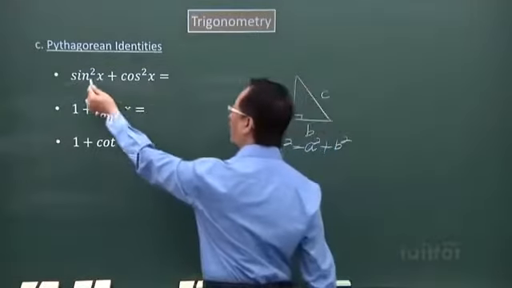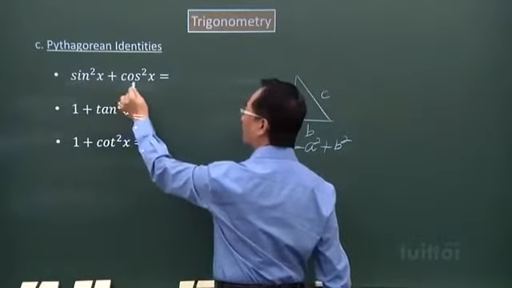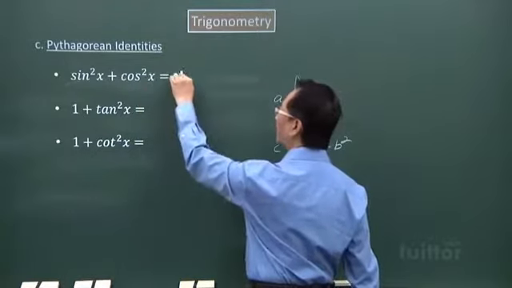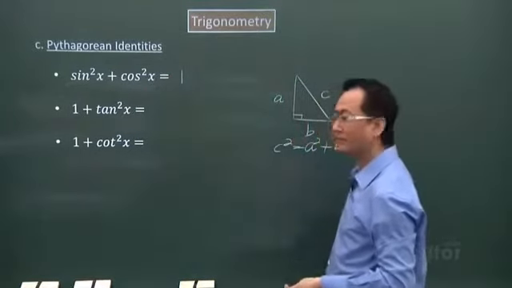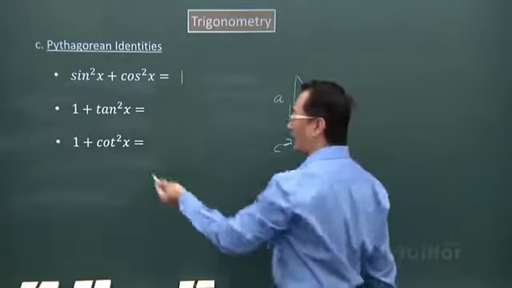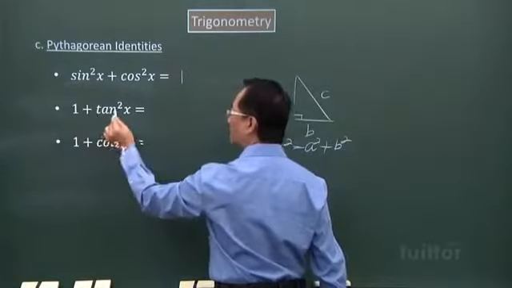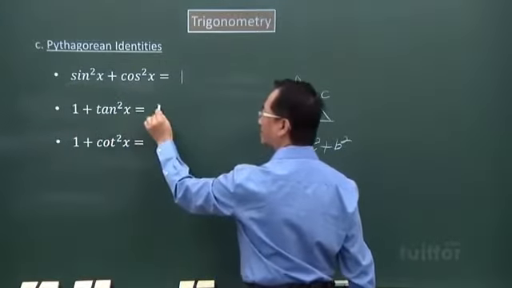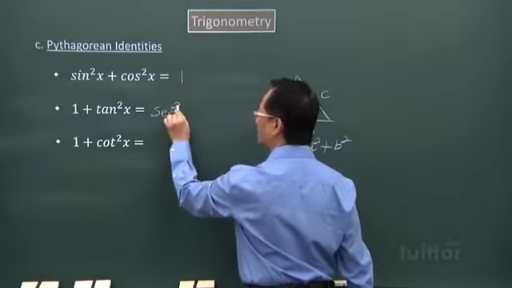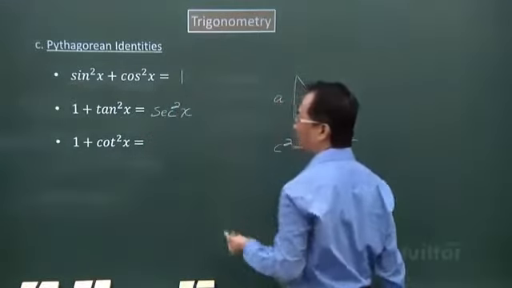So when you have sine squared x plus cos squared x, you just get 1. And if you have 1 plus tangent squared x, then it will be secant squared x.